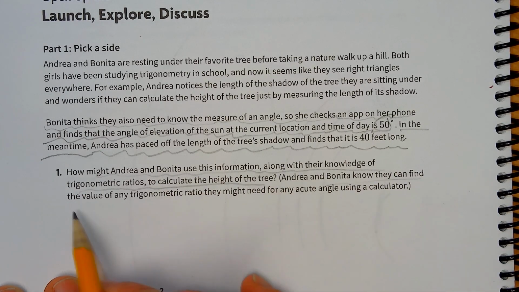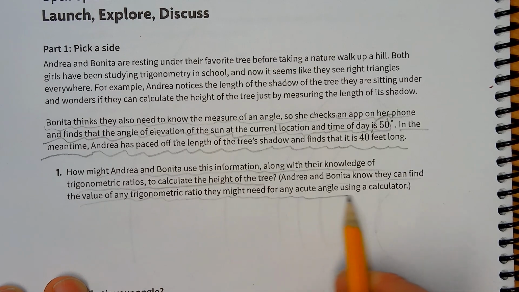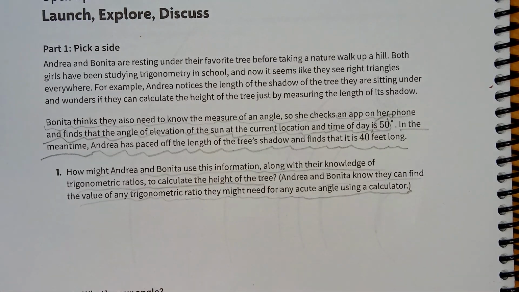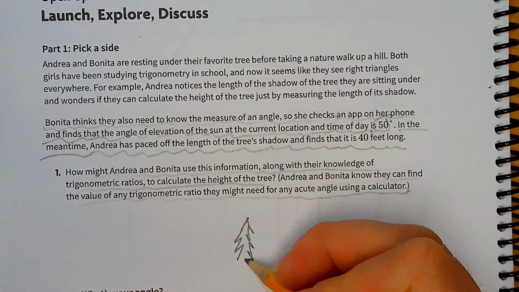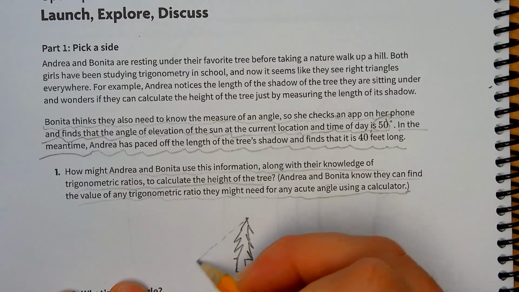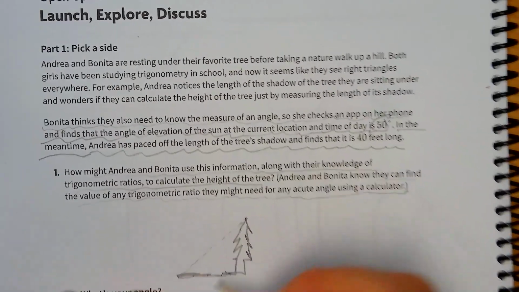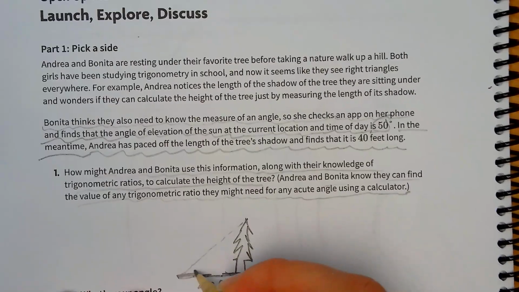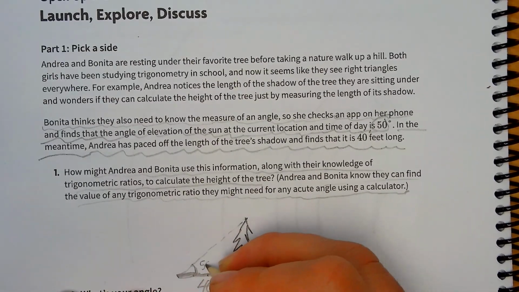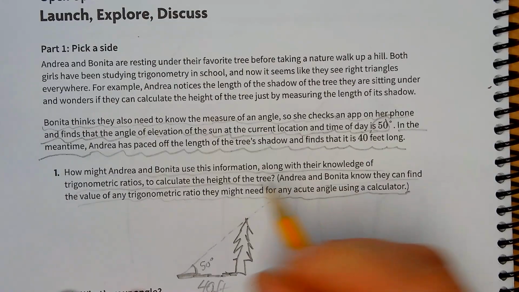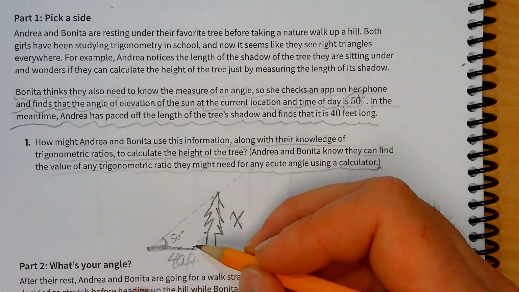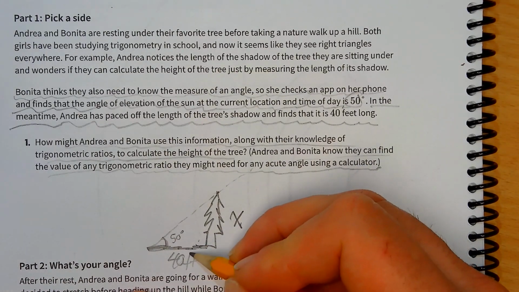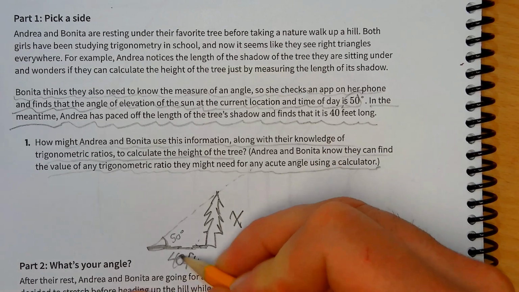They can find the value of any trigonometric ratio they may need using a calculator. So, tree, shadow, angle to the sun, unknown, feet.